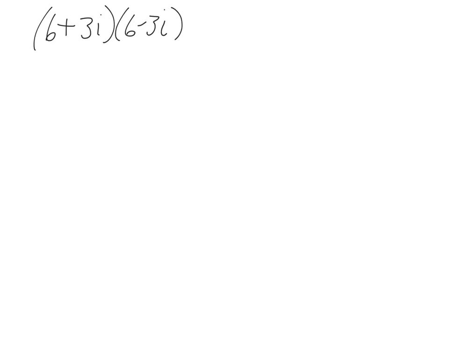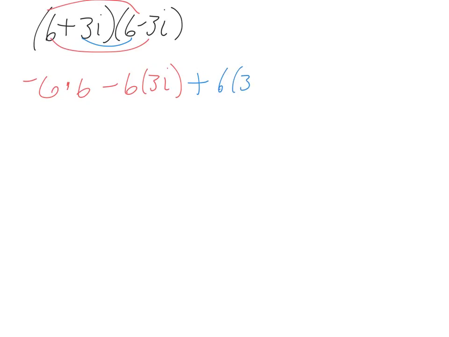So on this one here, I've already written it down, so we're going to just try another one. We'll probably try one after this also. So I have 6 times 6, and then I have minus 6 times 3i, because there's a minus in front of the 3, and then I'd have plus 6 times 3i, and then down here I'd have minus 3i times 3i.